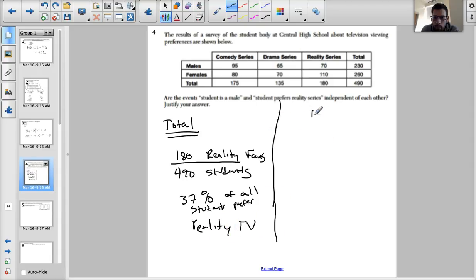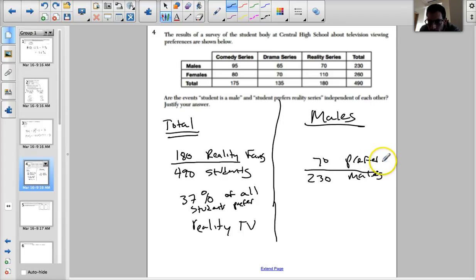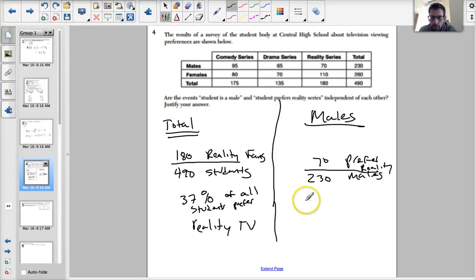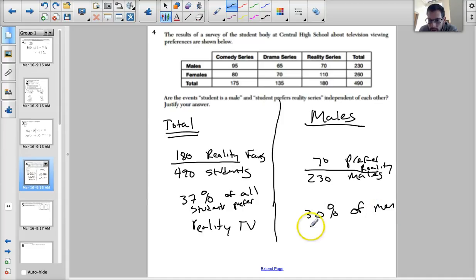All right, now let's look at the males. So there are total 230 males, and of those 230 males, 70 prefer reality. So now we'll find that. So 70 out of 230 is only 30%. So 30% of men prefer reality TV.